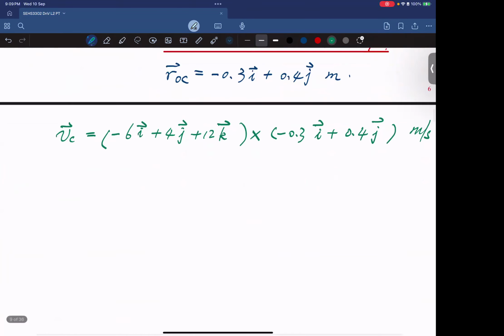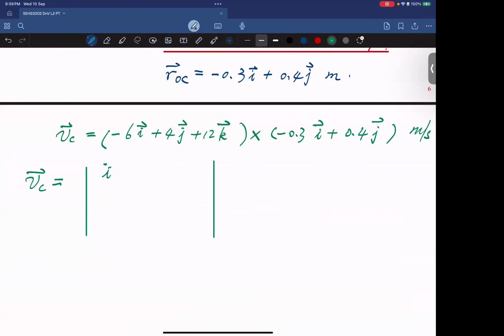When we come to here, we need a determinant, which means V_C is such a determinant. You can let this determinant appear on your draft paper.